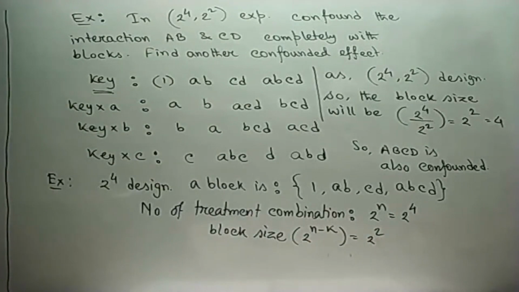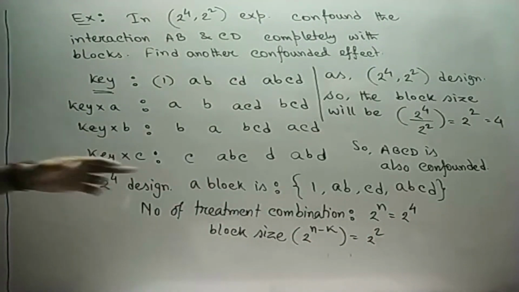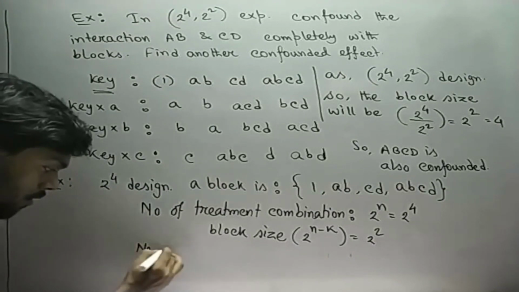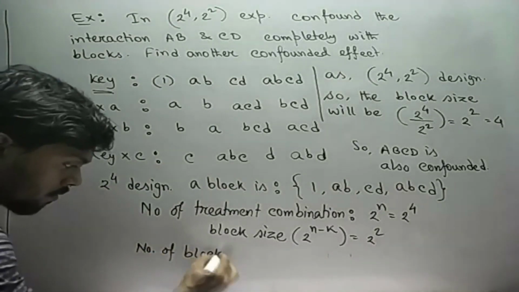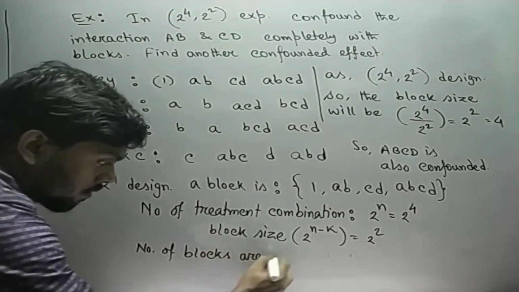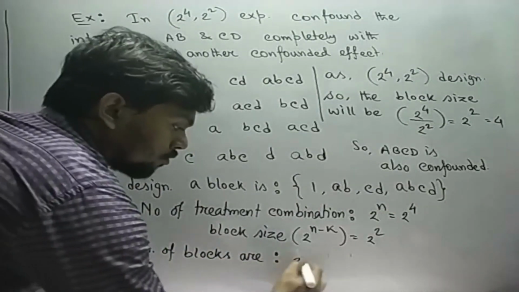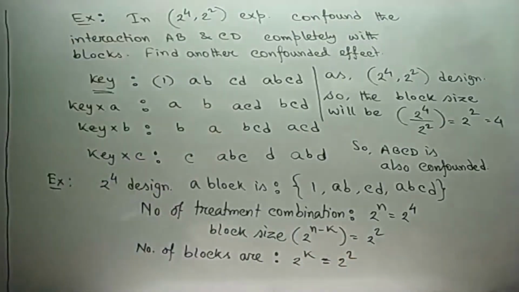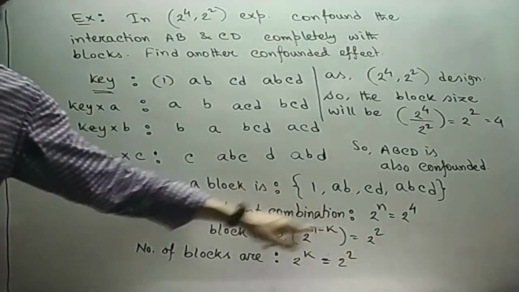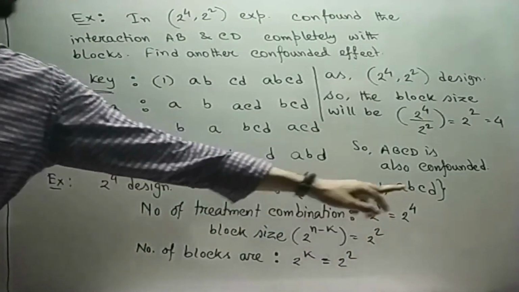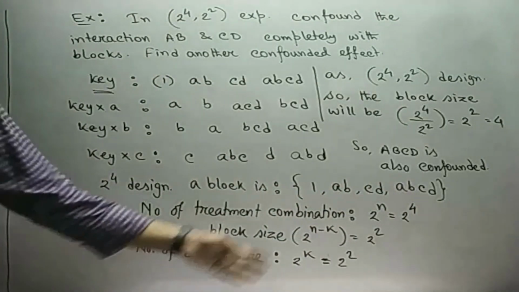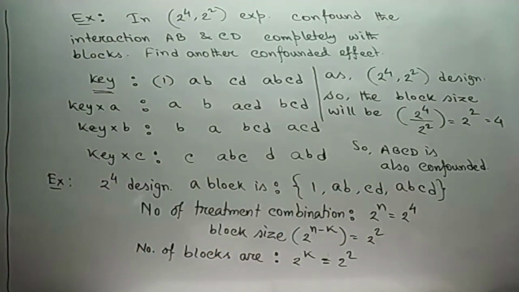Okay, so the value of k, that means the number of blocks. We can easily solve: n minus k is equal to 2 and n is equal to 4, so k is obviously equal to 2. So 2 to the power k will be 2 square. So the number of blocks is 2 to the power k, which is 2 square.